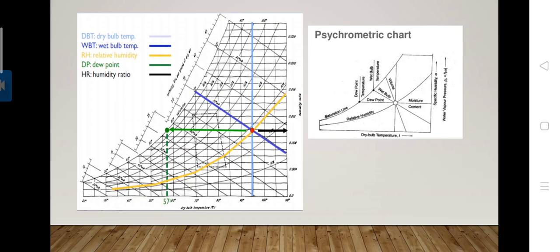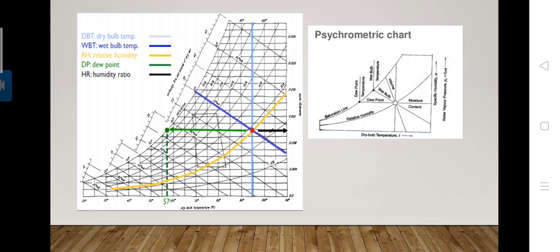Next is the specific humidity line. These specific humidity lines are horizontal lines drawn parallel to the abscissa, and the value of specific humidity is marked on the ordinate in kg per kg of dry air.